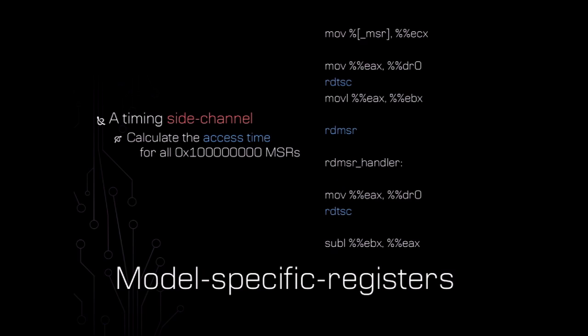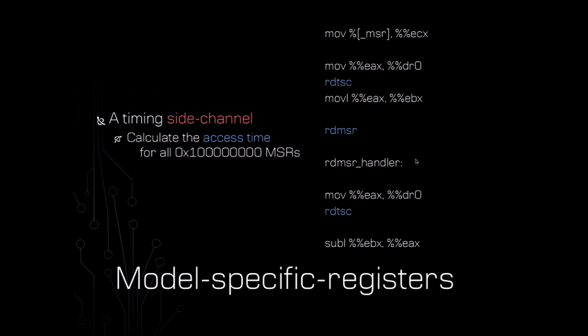So I came up with this idea for sort of a timing side channel attack on the processor, where basically what I would do would be to calculate the access times for all 4 billion possible MSRs. So what that looks like is we have a read MSR instruction, and then on either side of that read MSR instruction, we have some serialized read timestamp counter instructions.